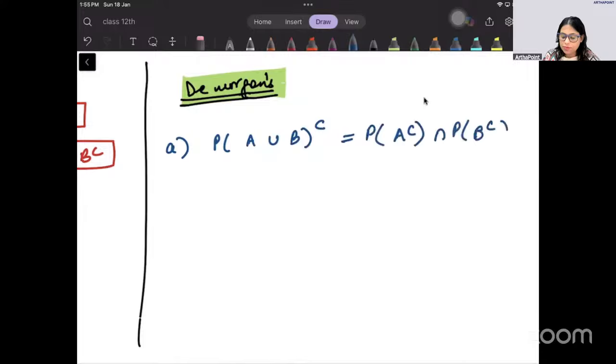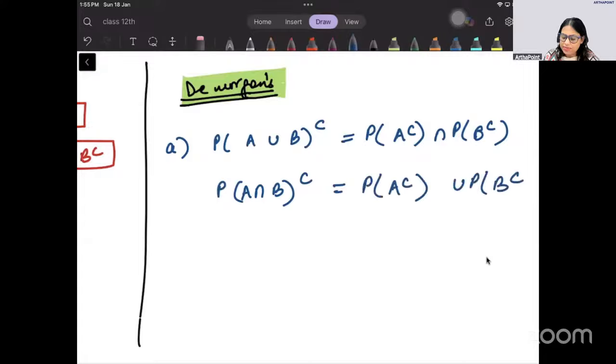Right? This is the first theorem. The second theorem is A intersection B complement is A complement union B complement. ये भी sometimes it will be useful for you to use these in exam. ठीक है, just keep these two in mind.